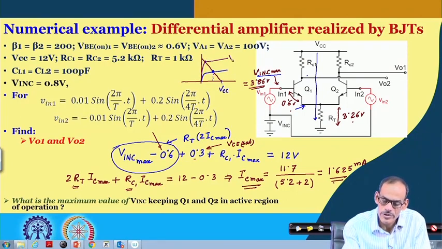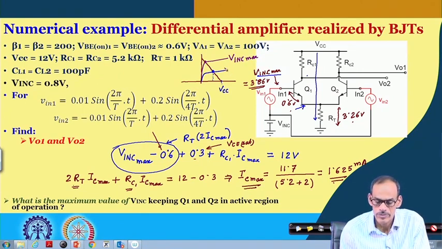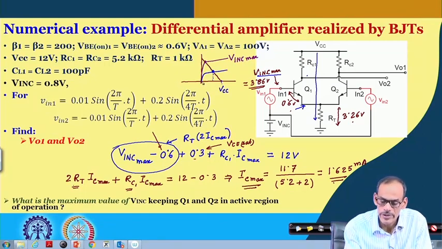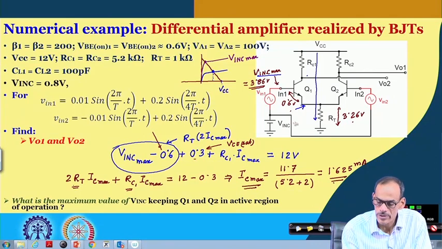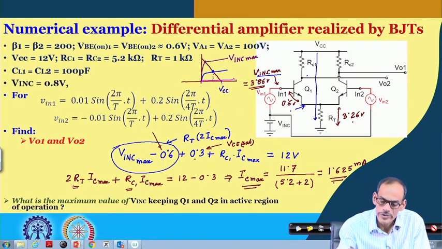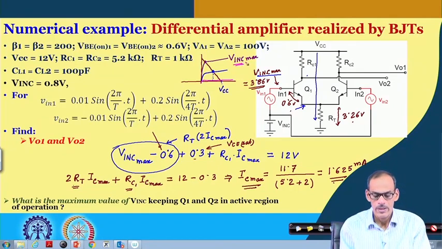So, this is corresponding to V in C max, and this is maybe some nominal case, and other case we already have discussed that if on the other hand V in C is approaching towards 0.6, then the characteristic curve will be like this. Okay. So, that gives us the range of V in C.